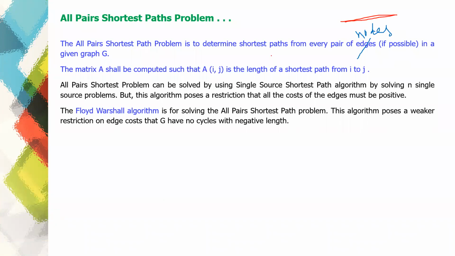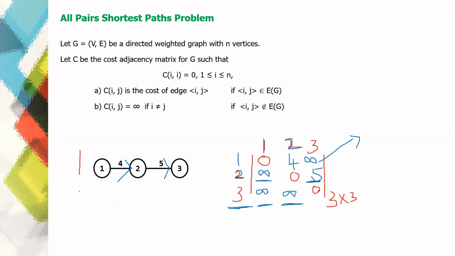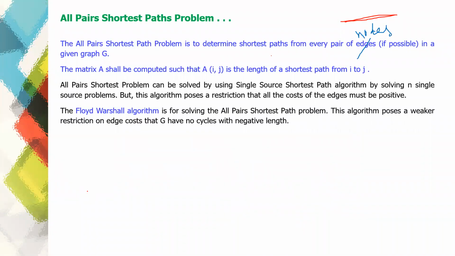That is, if you have, for example, this particular graph, the all pairs shortest paths problem is to determine paths between every pair of nodes. That is, you have to find the shortest path between node 1 and 2, node 1 and 3, node 2 and 3, node 2 and 1, node 3 and 1. So between every pair of nodes that exist in the graph, you have to find the shortest path, and that problem is called the all pairs shortest path problem.